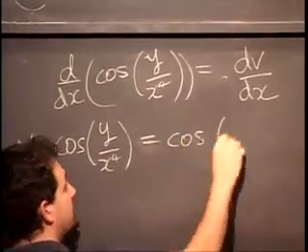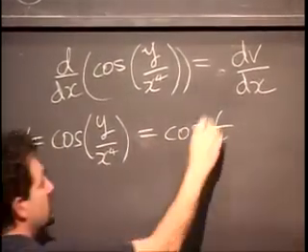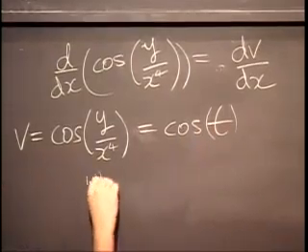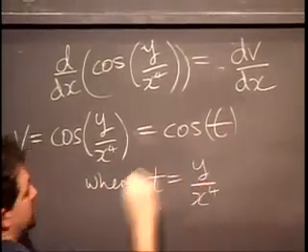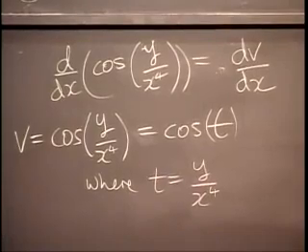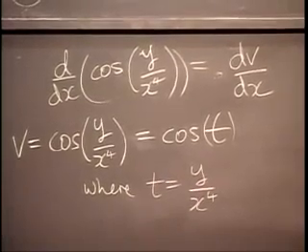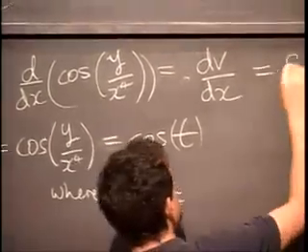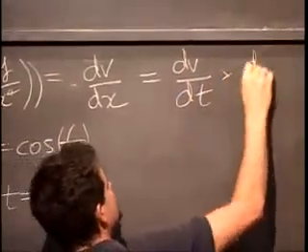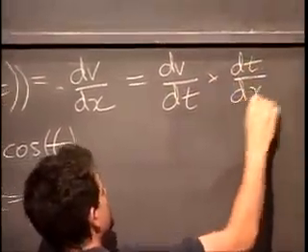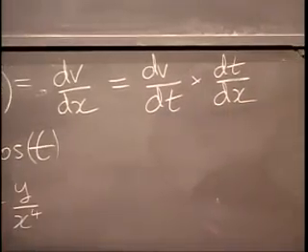I need to pull out another variable. Let's say t, where t equals y over x to the fourth. See, we're gradually worming our way down into the middle. So dv/dx is dv/dt times dt/dx. That's the chain rule. So we've used the product rule, now we're using the chain rule.